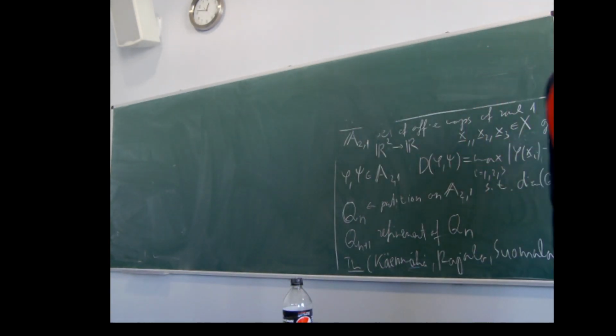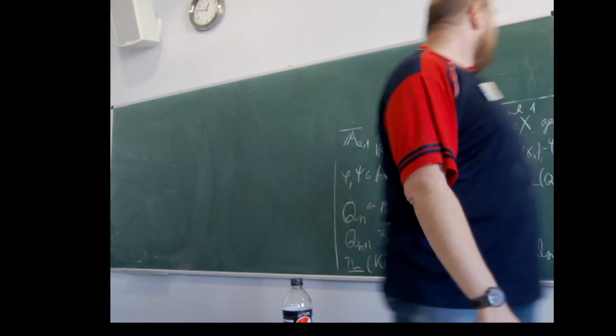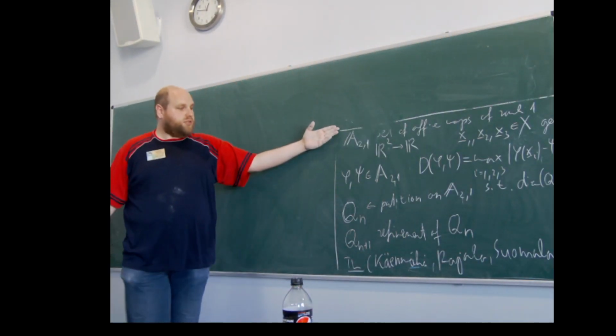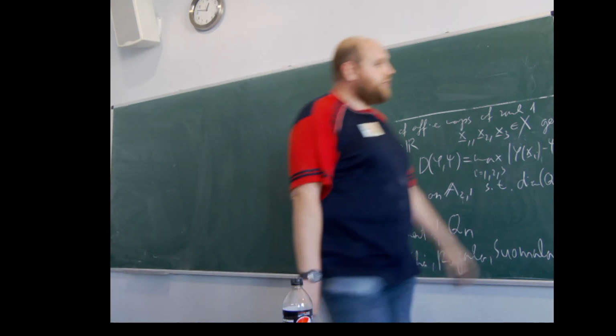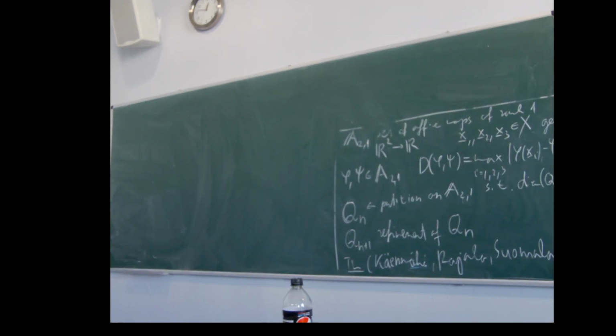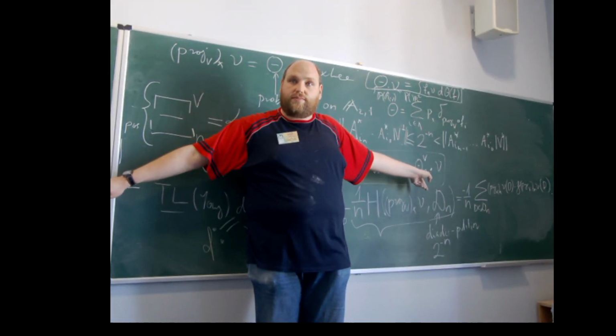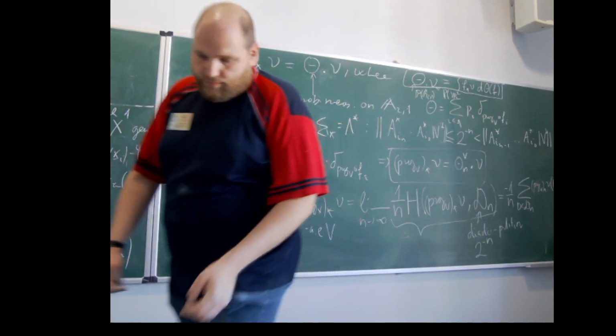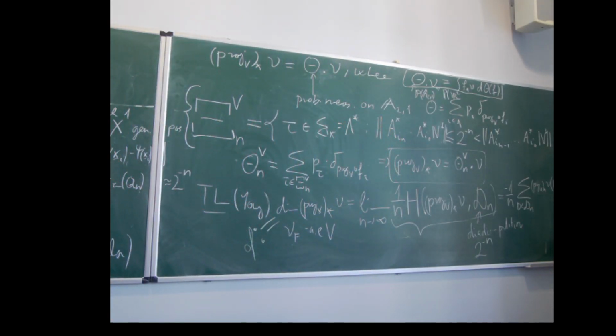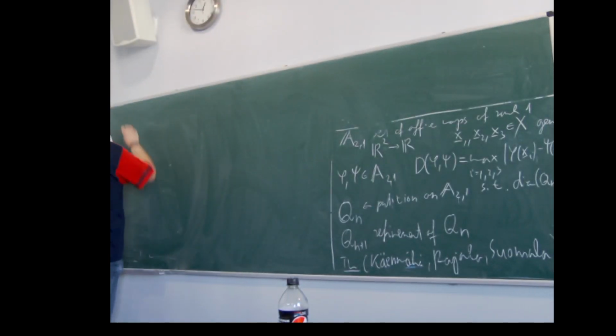And what's another thing? Somehow I want to compare this entropy here with the entropy of that measure, theta n v, with respect to that dyadic partition. It's not necessarily clear why I want to do that, but I want to do that. First of all, why?